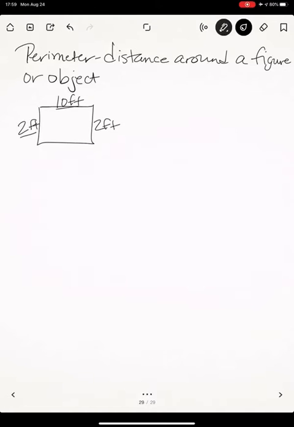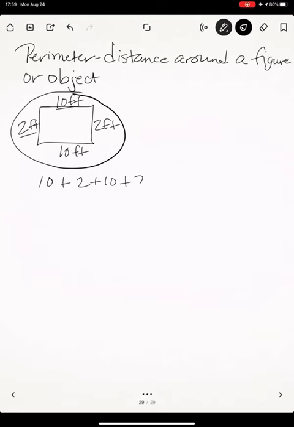And if this side is 10 feet, this side must also be 10 feet. And so remember that the perimeter is the distance around this rectangle. So that means we're going to say 10 plus 2 plus 10 plus 2. And you should have figured out that would be 24.